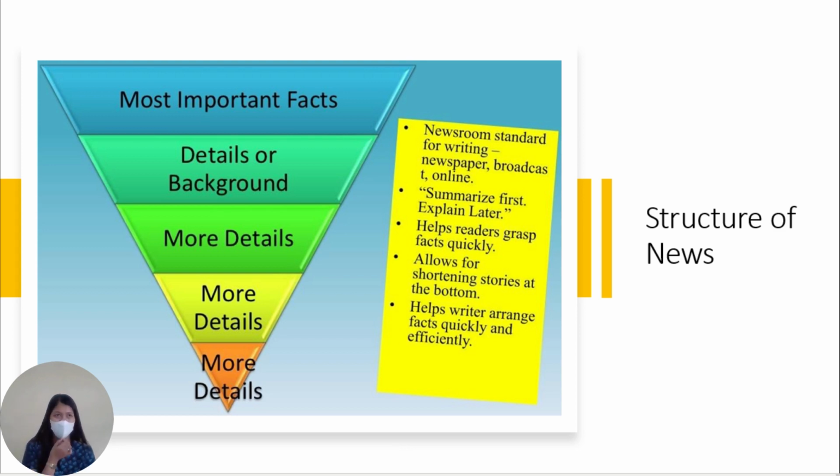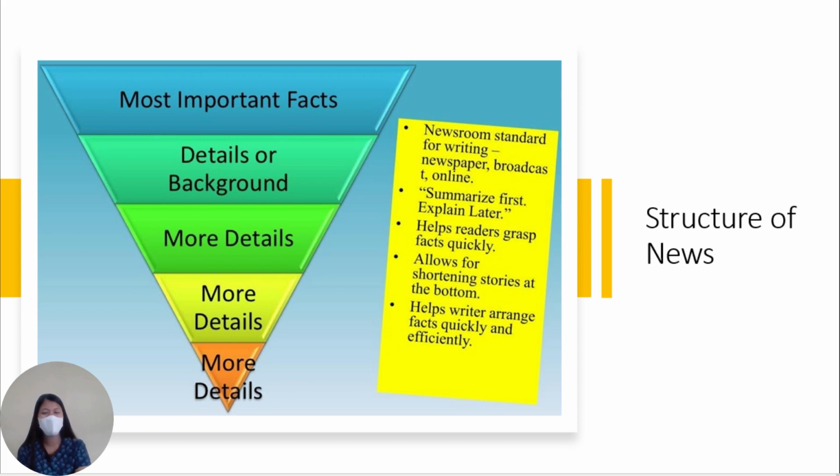So right here we have a more elaborate look on the inverted pyramid structure. We have here first on the top part is the most important facts about the news article. Basically, this contains the answers to the WH questions, the who, why, when, where, and what, and the how question is usually answered in the lead, followed by the details or the background about the lead.